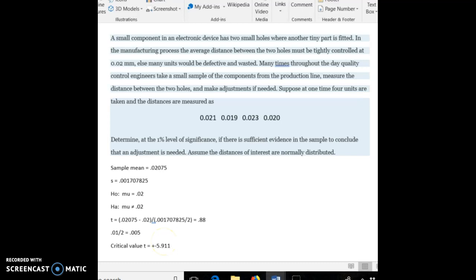All right, now remember, if it's two-tailed, we need to have values for our test statistic that are either less than negative 5.911 or greater than positive 5.911, and obviously 0.88 is not. So we fail to reject the null hypothesis.